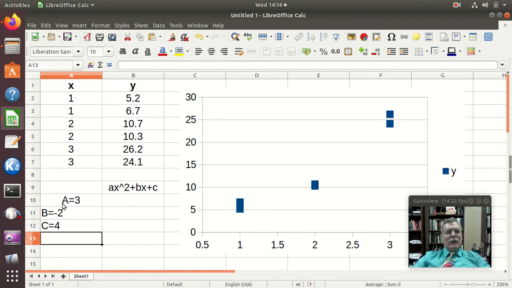So we should get an answer that's pretty close to that as far as fitting this quadratic.